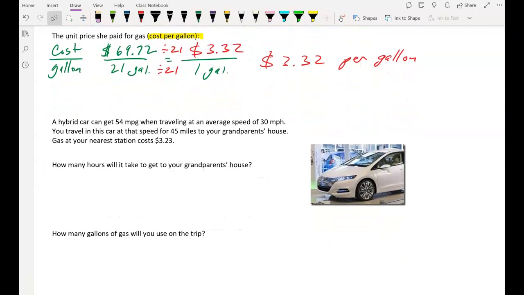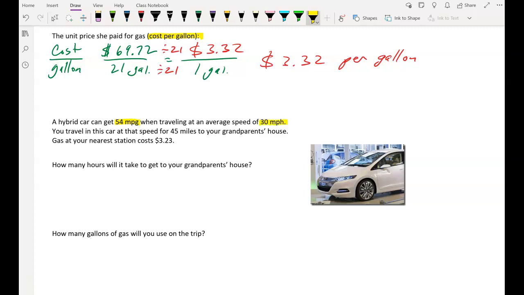Now, that's one way of using unit rates. Now we're going to try something a little bit different, so pay attention. Now, a hybrid car gets 54 miles per gallon. So it'll travel 54 miles on 1 gallon of gas when it's traveling an average speed of 30 miles per hour. 30 miles in 1 hour.